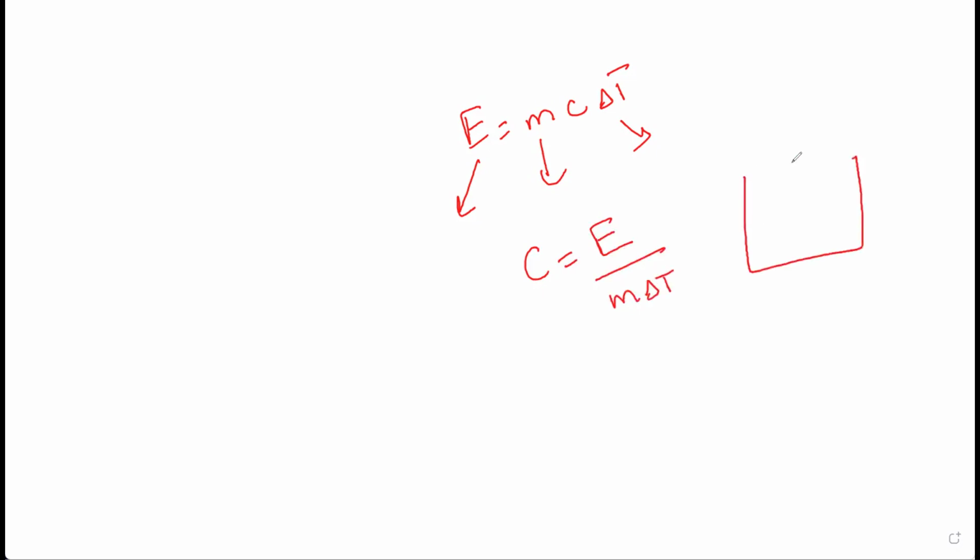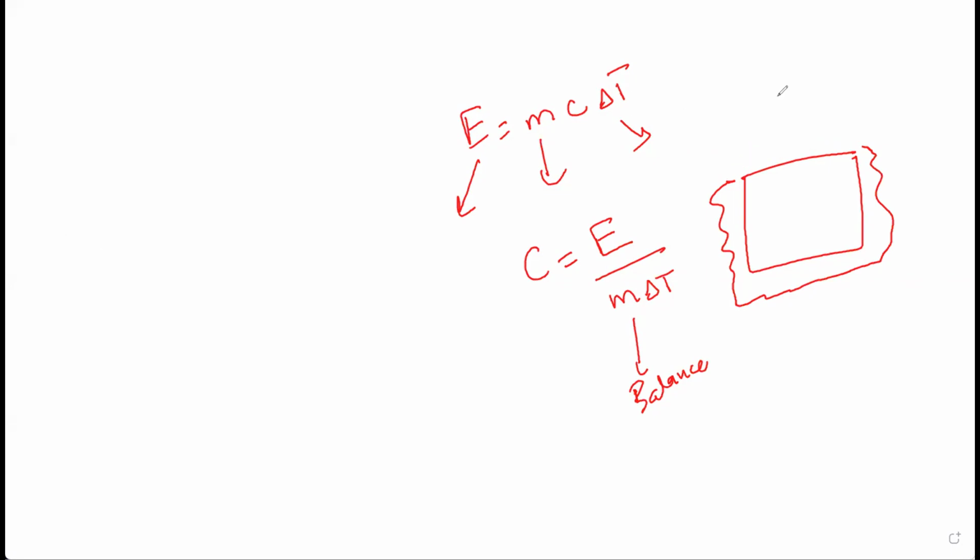Suppose we have a substance of a certain mass, which we have measured using a digital balance. It would be totally enclosed in some kind of insulation so that all of the heat which is given to the substance would heat up the substance.